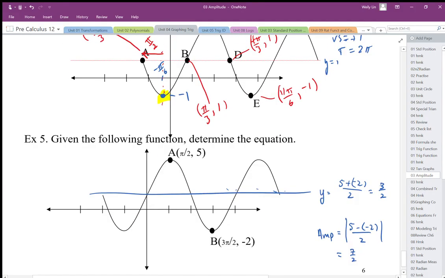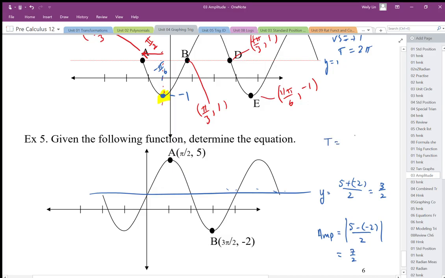Okay. Well, we've only dealt with periods of 2 pi so far, and this one happens to be 2 pi because the period is a distance, so we want to just subtract to find the distance here. 3 pi over 2 minus pi over 2 gives me 1 pi. Well, that represents half a period, so the full period is 2 pi.